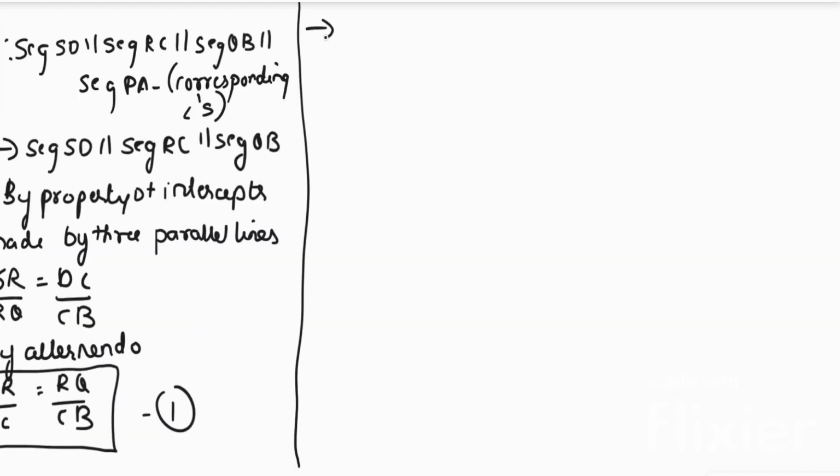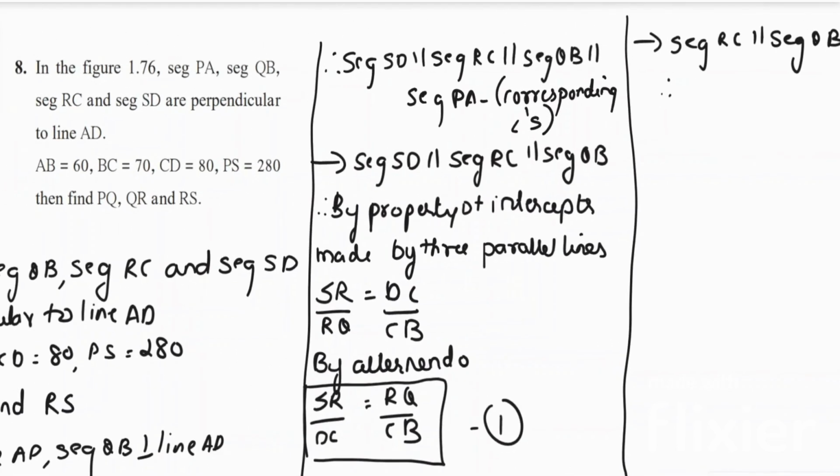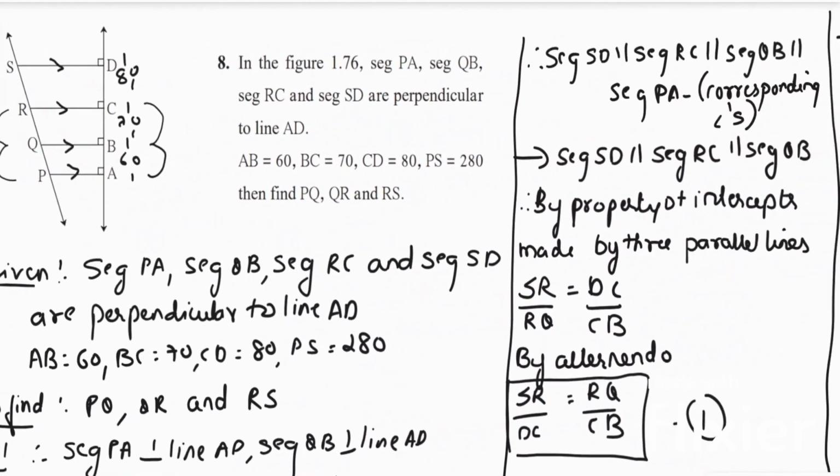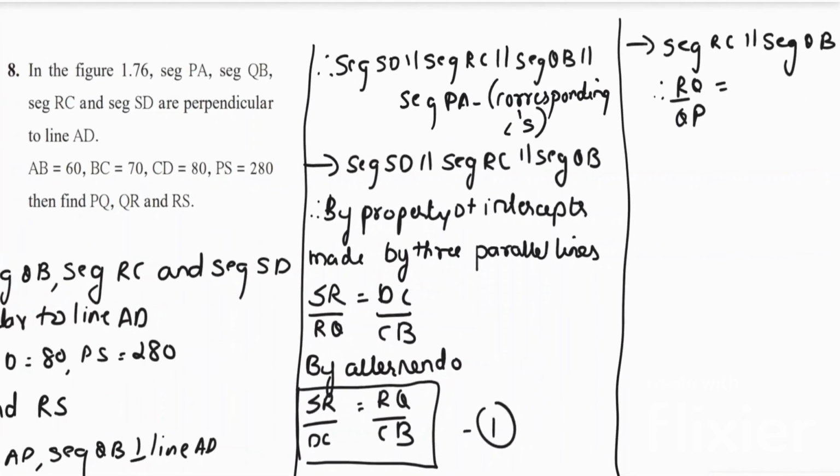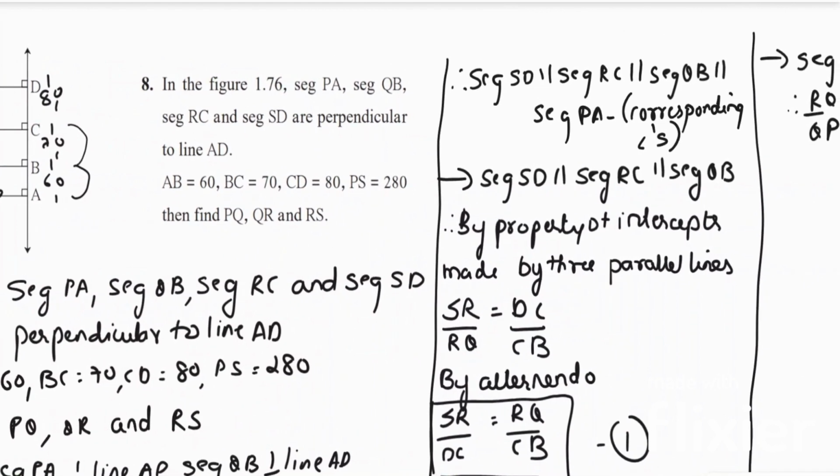Next we will take seg RC is parallel to seg QB is parallel to seg PA. Therefore, by the same property, by property of intercepts made by three parallel lines, we will get RQ upon QP is equal to BC upon BA.